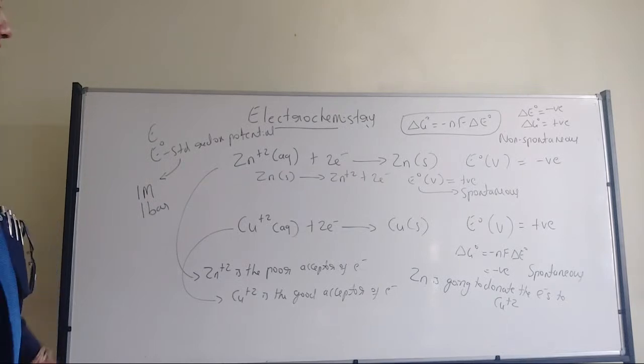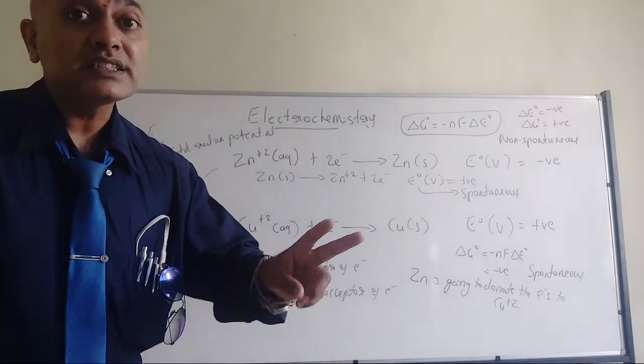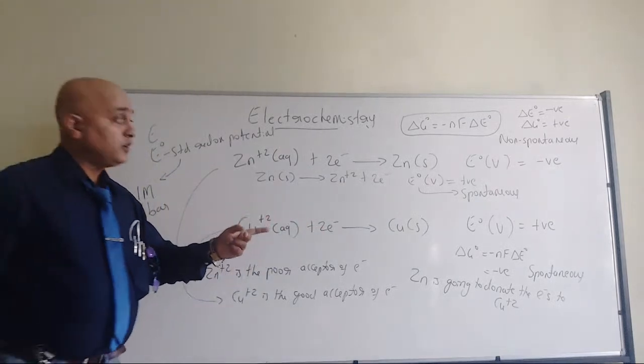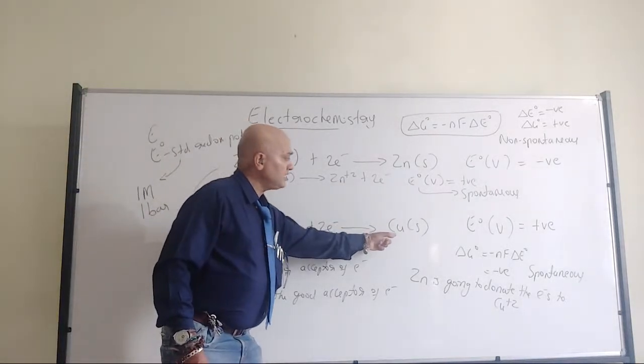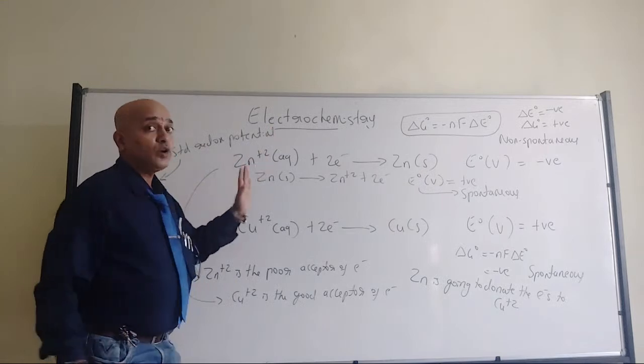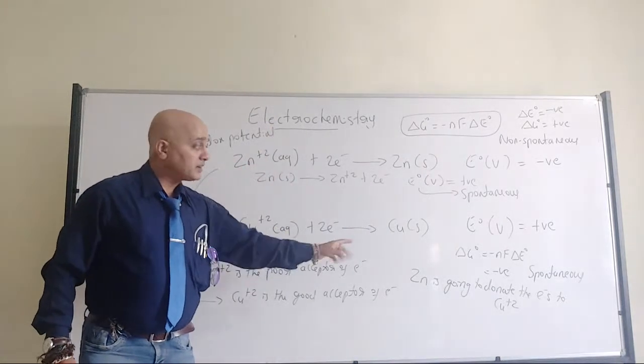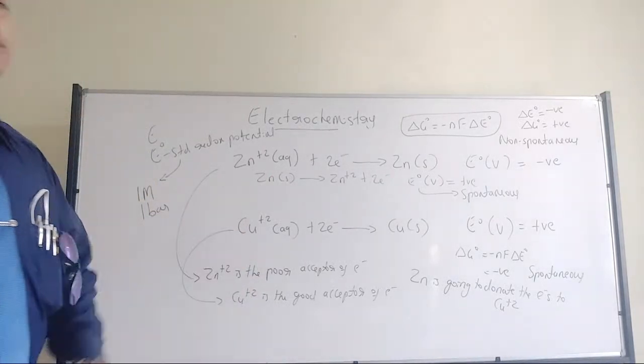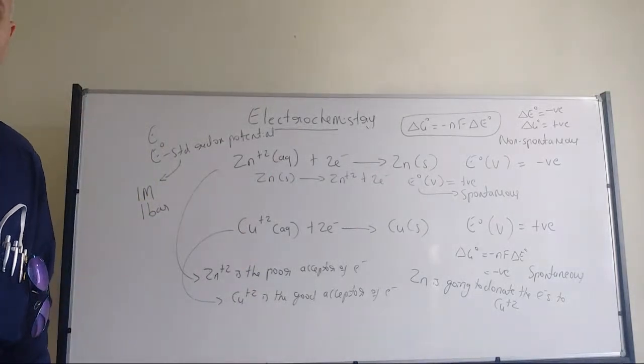So according to this, zinc is going to donate the electron to the cupric ion. Reverse will not happen. Copper is not going to donate the electron to the zinc ion. No. It will be the zinc which is going to donate the electron to the cupric ion, that is Cu plus 2.